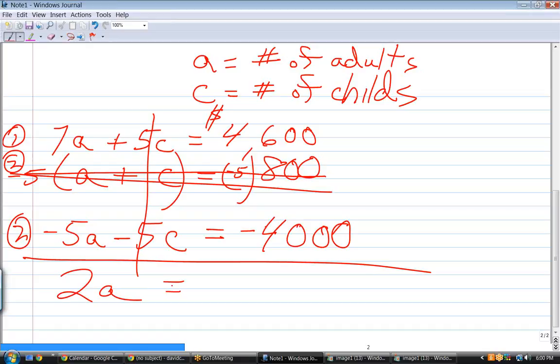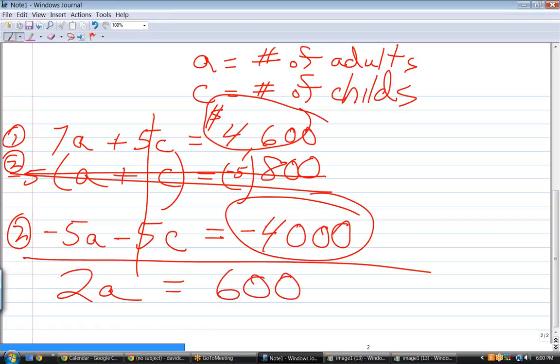But now you have to add the left sides together, and add the right sides together. So it'd be 600. So A, which is the number of adults, is 300.